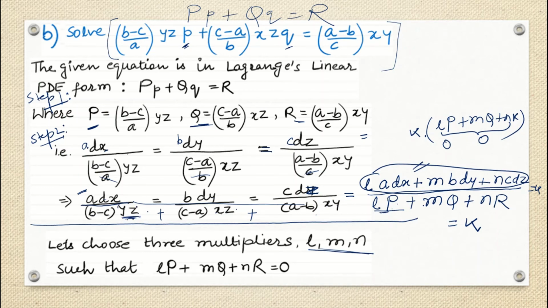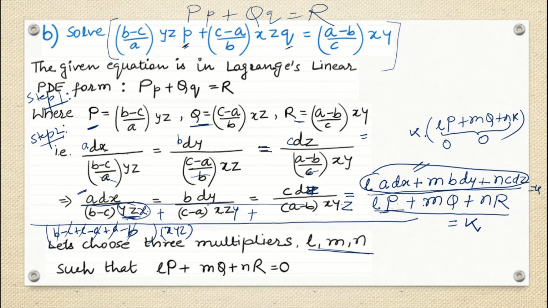Suppose I'm multiplying x here, y here, z here, then xyz I will take common. Okay, so I will take xyz common, and then what I'll write here, because I have to add everything, it will be b minus c plus c minus a plus a minus b, and then a minus a, c minus c, b minus b, that means it will be 0 only, correct?